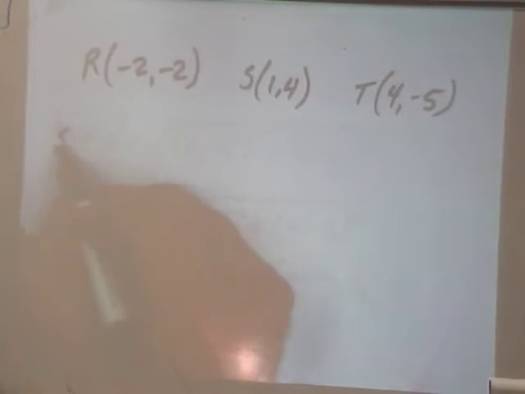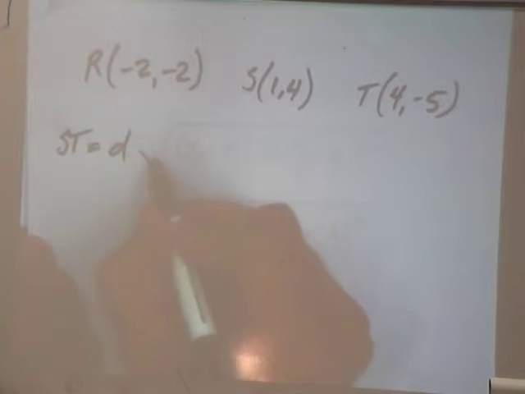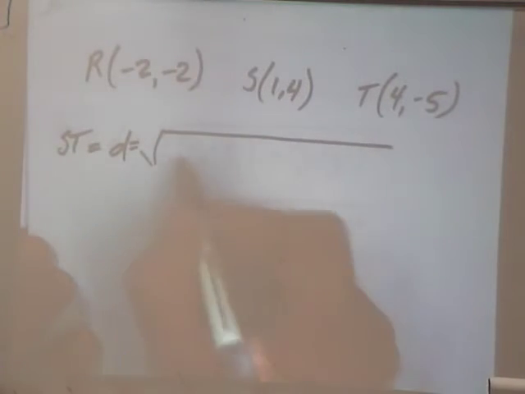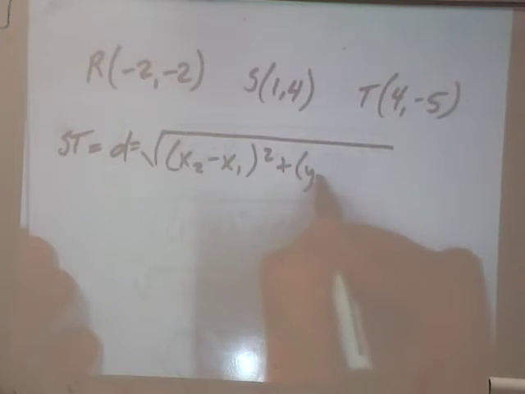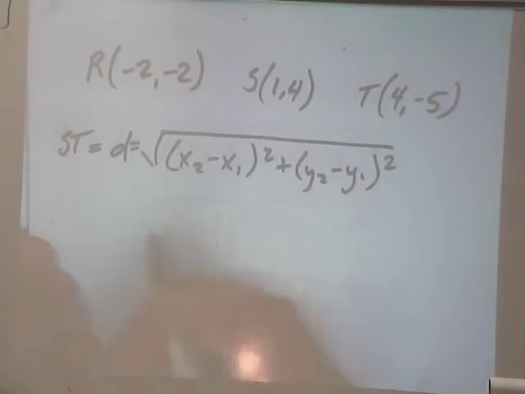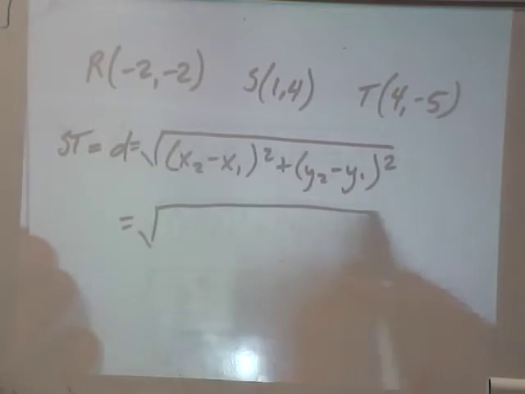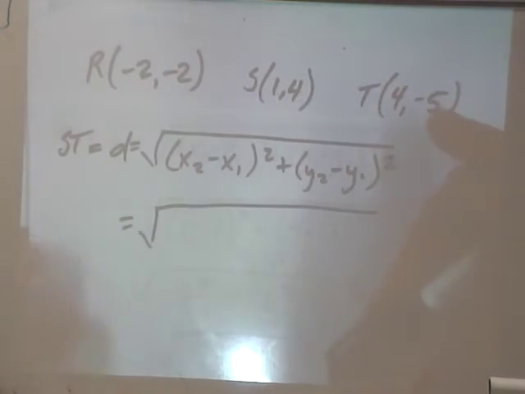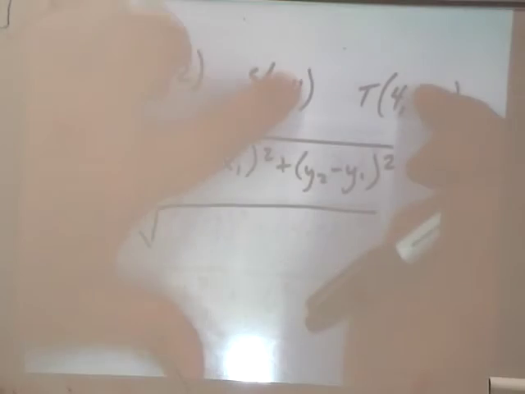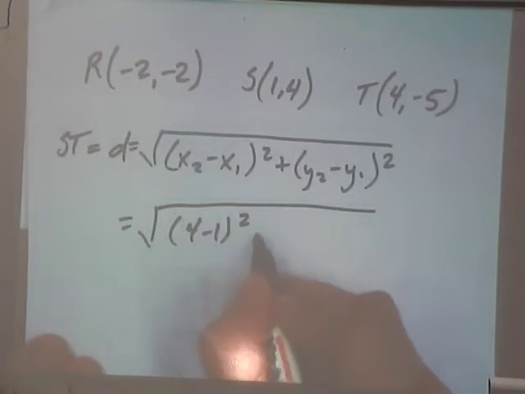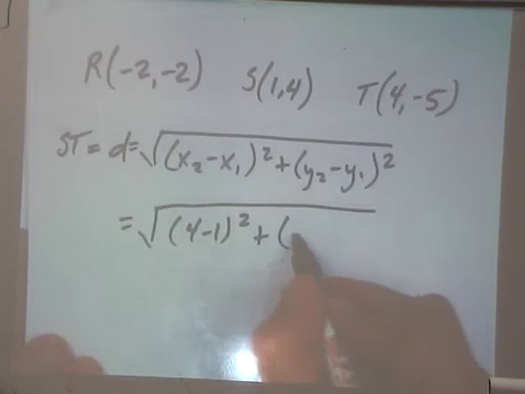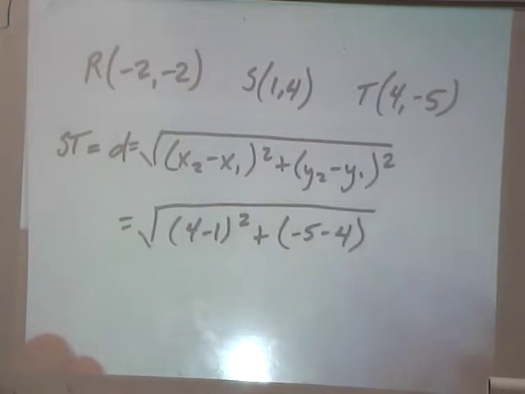All right, so S to T, distance is equal to, we're doing S to T. So 4 minus 1 squared plus -5 minus 4 squared.